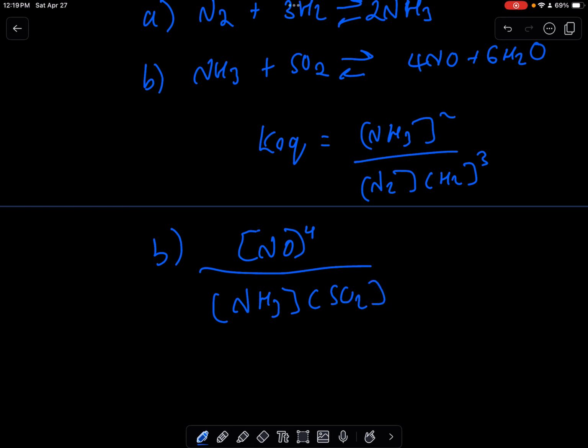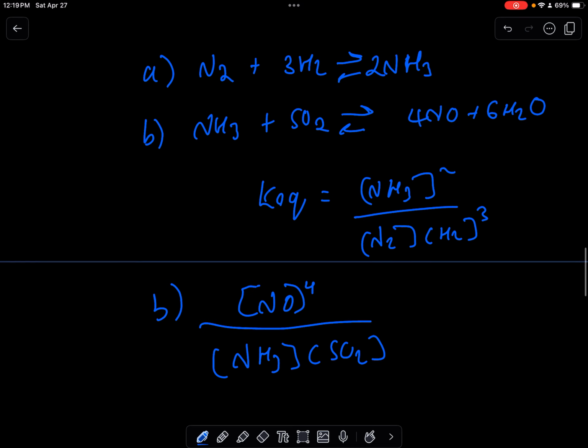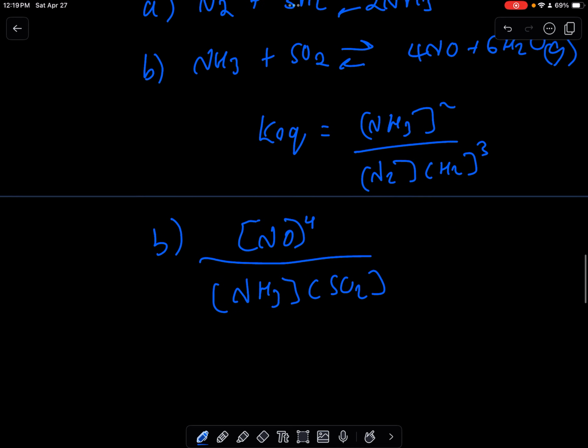So you see, in this case, what have we encountered? We've encountered a pure liquid, which is water. But what if I change this to a gas? Would it be included? What do you think? Well, the answer is yes, because you can compress a gas.